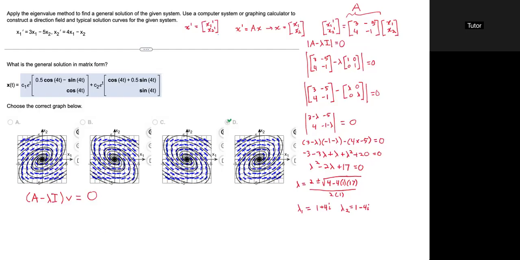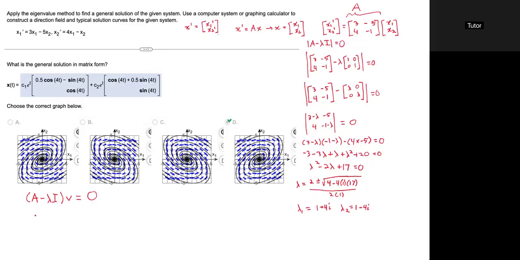And we will substitute our value for lambda into this equation. Unlike what we would do for real-valued eigenvalues, for complex eigenvalues we only need to substitute one of the lambdas because they are conjugates of each other. So I'm going to pick lambda 1.